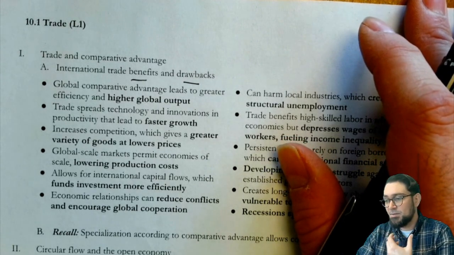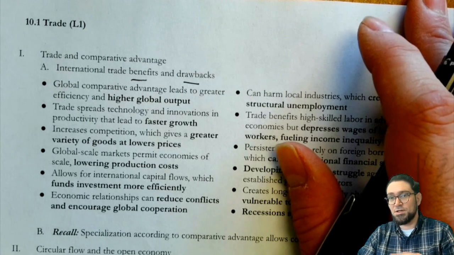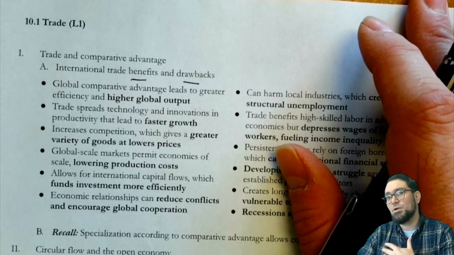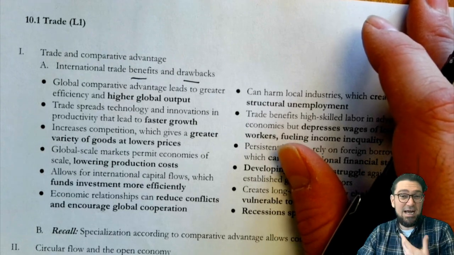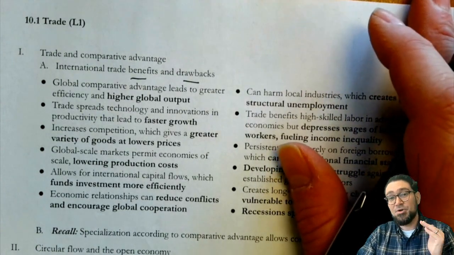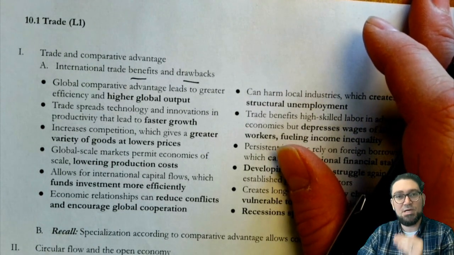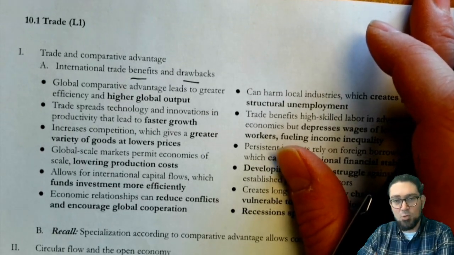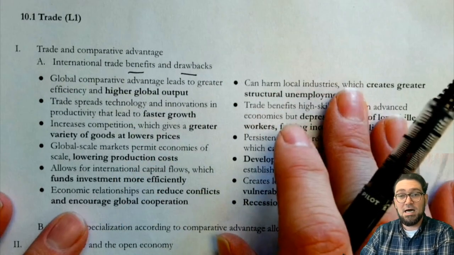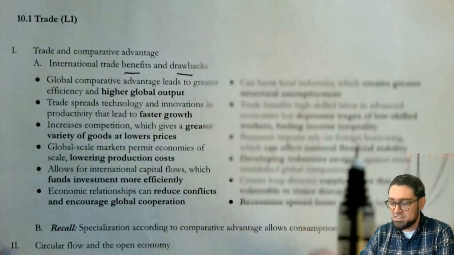If I'm protected from the world, my industry, maybe it's steel, right? And I don't have to worry about foreign competition, then I don't really have to get better. And so as a result, I stagnate. But if I have more competitors, it's going to force me to innovate. It's going to force me to be more efficient, and that's going to yield a greater variety of goods at lower prices. And we do see lots of evidence of that.